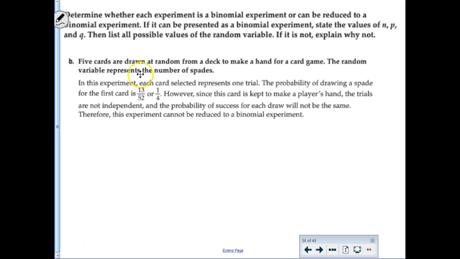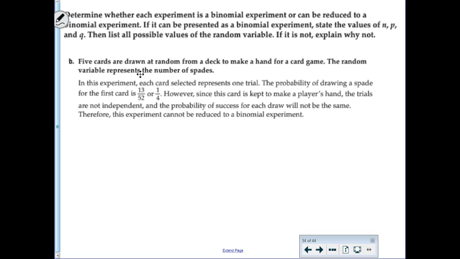This question, however: you have 5 cards drawn at random from a deck, and the random variable represents the number of spades. Now, they're claiming right away that this is not a binomial experiment. Is it a spade or not, that is a binomial question, right? The answer is yes or no. It's either a spade or it's not. But every time you draw a card from the deck, what happens? The probability changes, right?